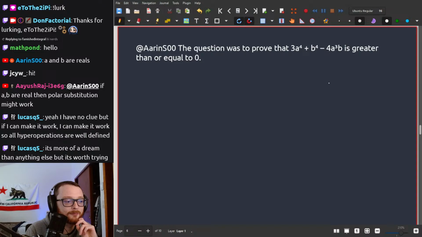If A and B are real, then polar substitution might work, Ayush says. Well, just think about polynomials. Surely if there is a counterexample, it would be A and B being really small.